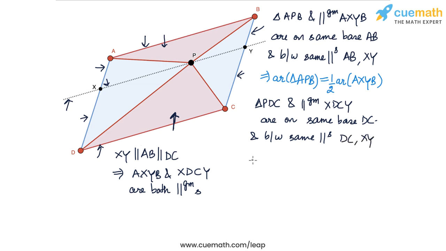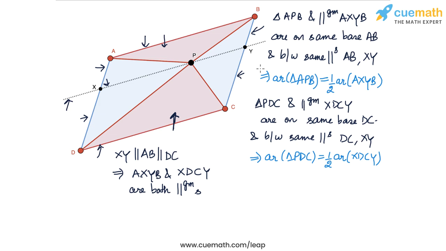So the area of PDC is half of the area of the parallelogram XDCY. Okay, so half of, we'll have to write area of XDCY. So now we have these two equations.